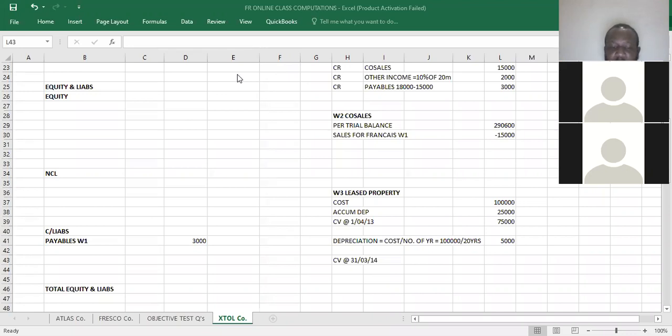But they didn't tell you anything about the life of the asset. Maybe it's an error in the review of the question. So it's 20 years. I have 20 years here, and I'm glad that it's me that has the 20 years, so that you would have seen the correct thing.